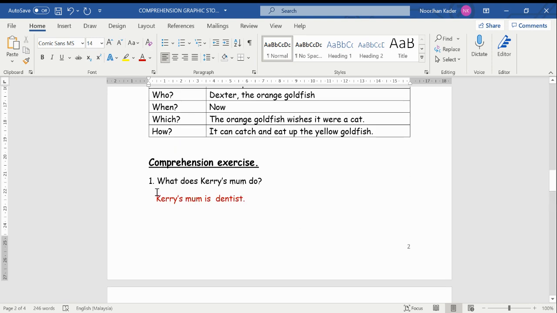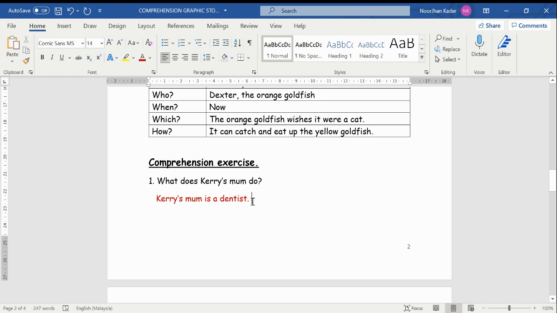That means what does she do? It's not only her occupation, but you also have to explain what she does. So what we can do here is write that Carrie's mom is a dentist.